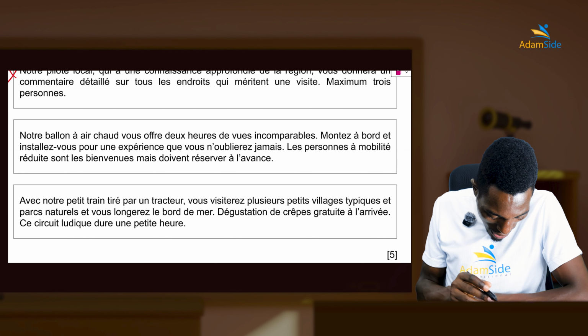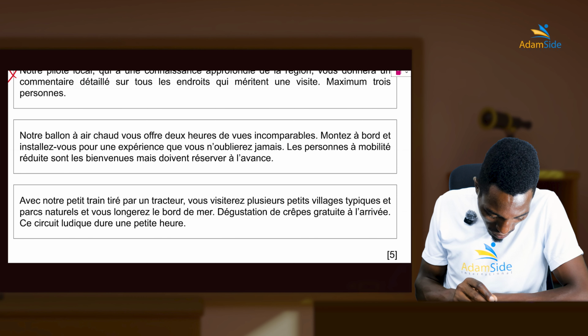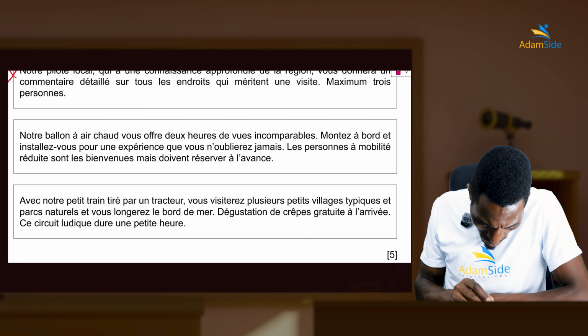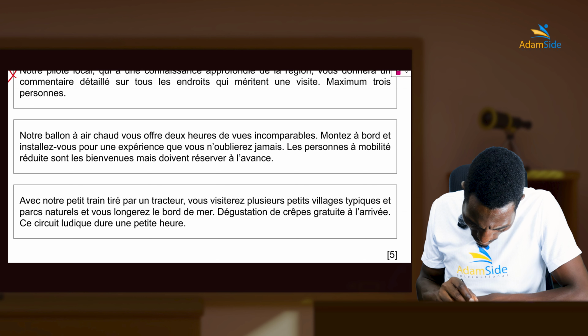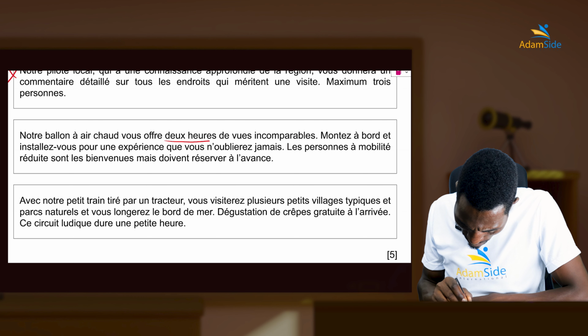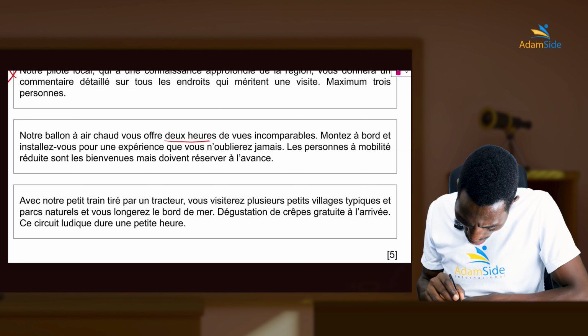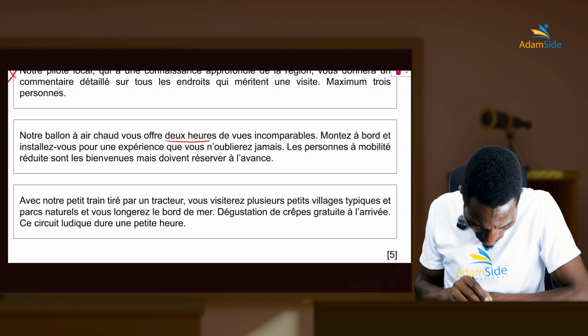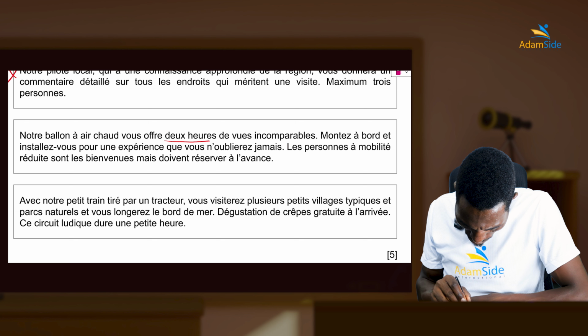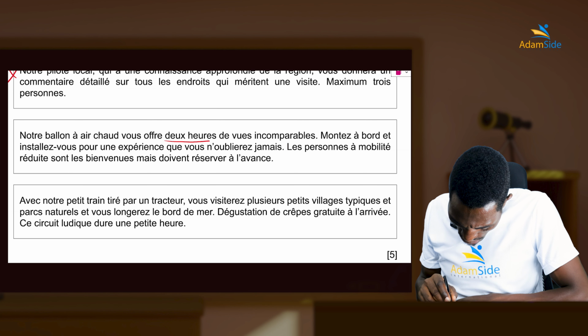Number 6 done. Number 7 is notre ballon à air chaud vous offre des airs de vie incomparable. Montez à bord et installez-vous pour une expérience que vous n'oublierez jamais.